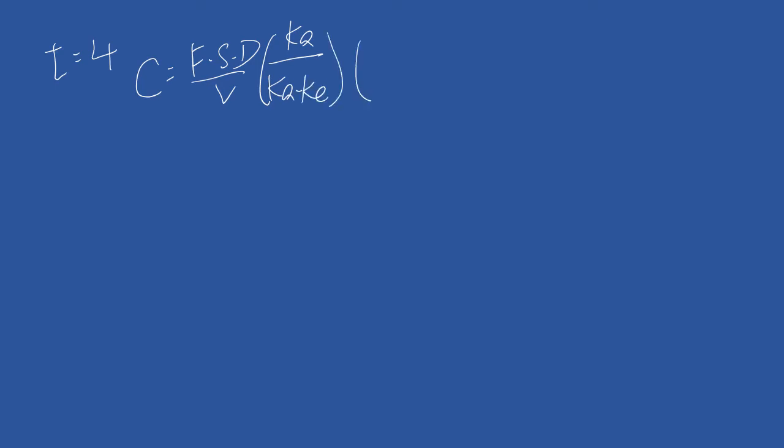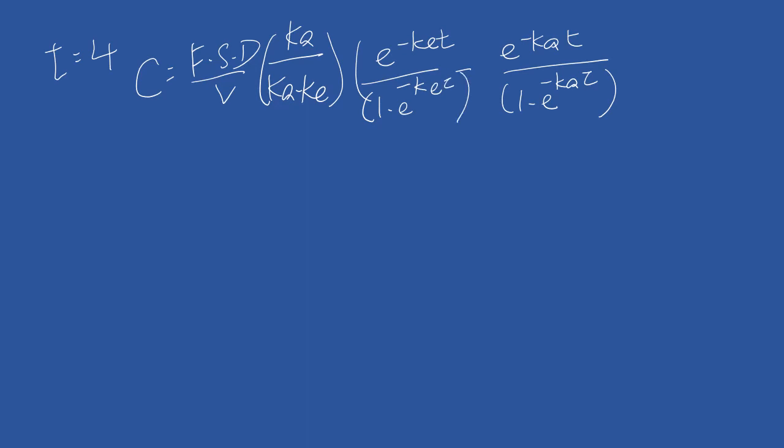To calculate the concentration at time point number 4 during the steady state, you need to use the equation with the accumulation factor. First, write down the equation: F·S·D·Ka divided by V, Ka minus Ke. Now, you need to be careful with the equation because you need to put in the accumulation factor. Over here is 1 minus e^(-Ka·tau), and this will be 1 minus e^(-Ke·tau).